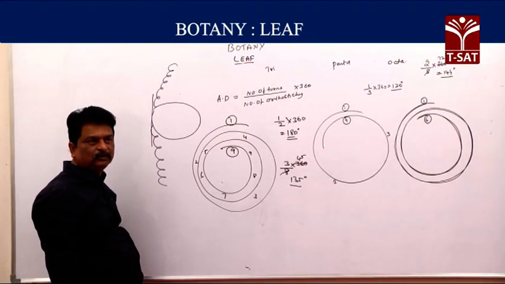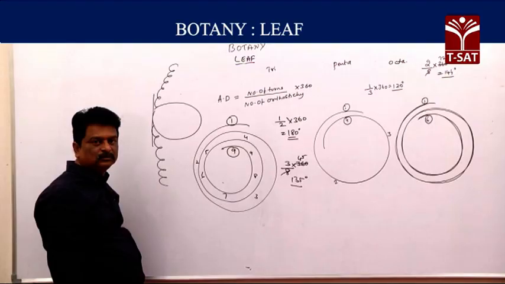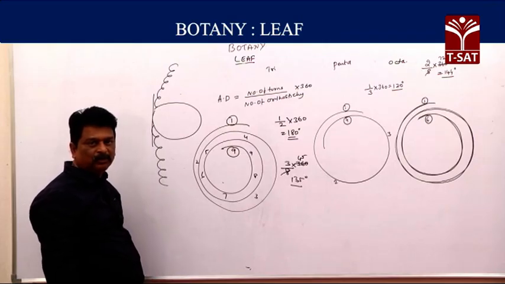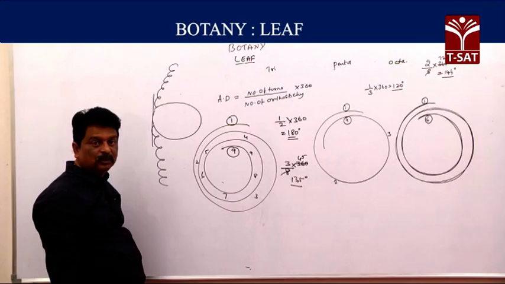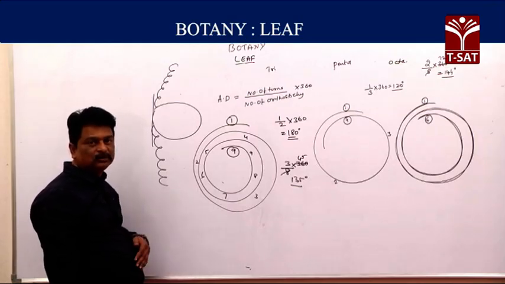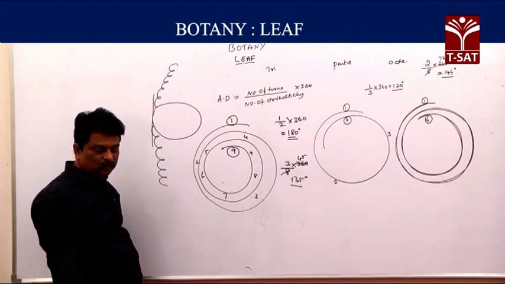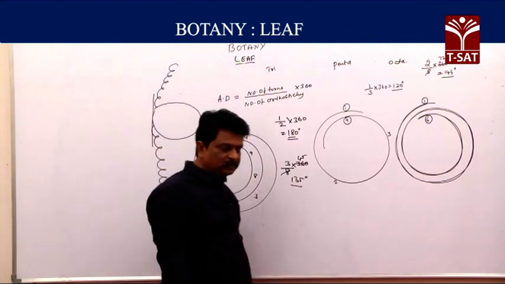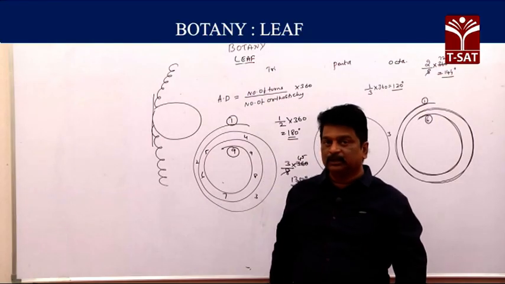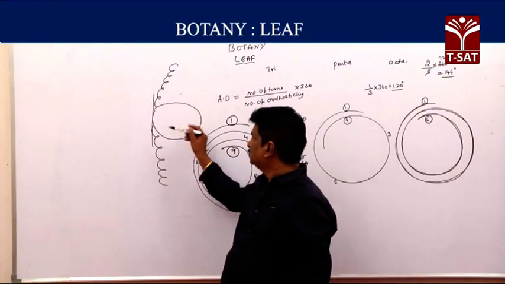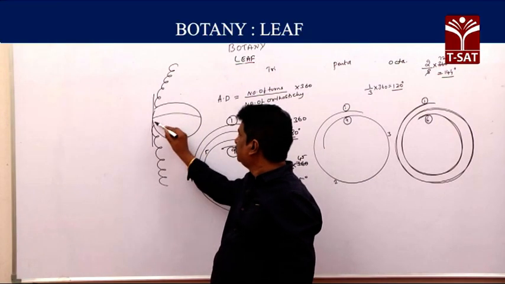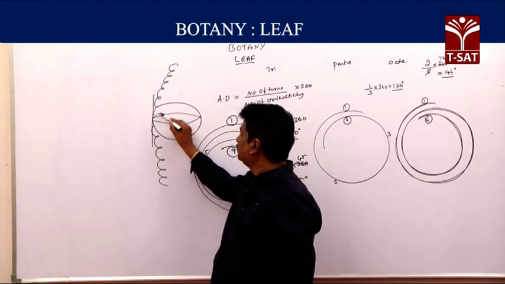And one more, venation. Generally venation is of two types, reticulate and parallel. Reticulate is common in dicots, parallel common in monocots. But there are some exceptional cases. In monocots, what type of venation? Actually parallel. But in some monocots, it shows reticulate venation.